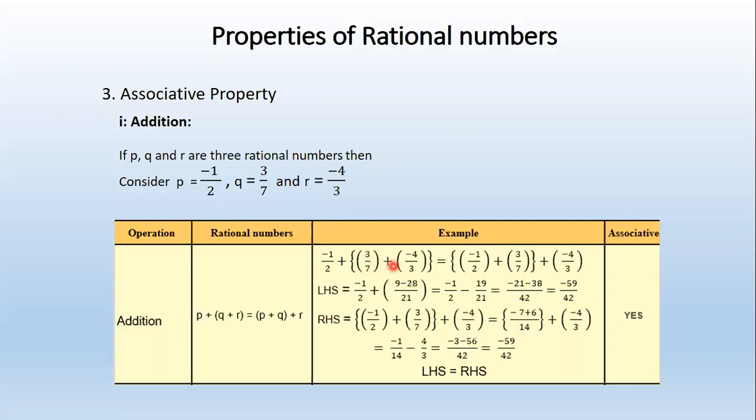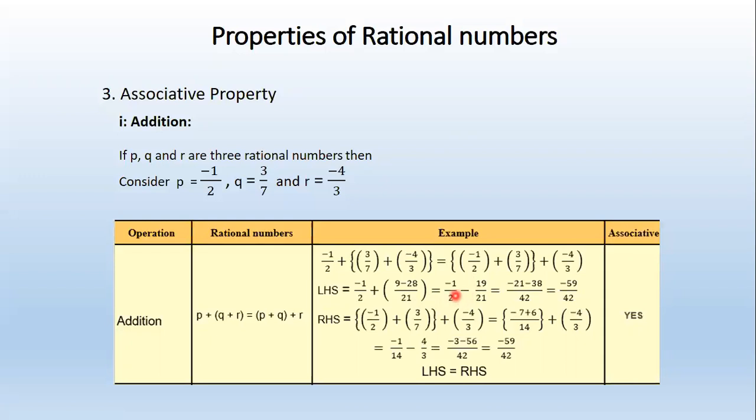Then we cross multiply the numbers: 3 3s are 9, 7 4s are minus 28. So the value will be minus 1 by 2 plus (9 minus 28), which is minus 19. So we get minus 19 and the denominator is 21.